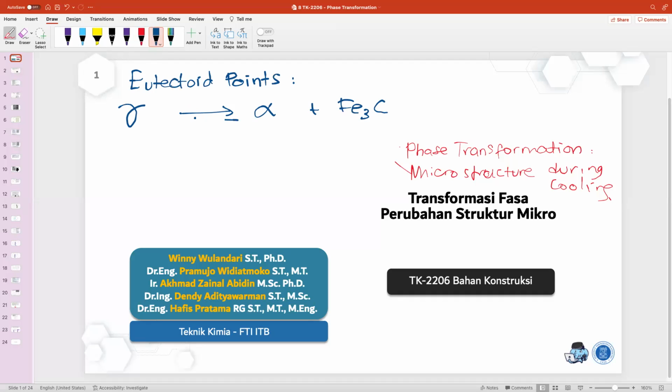And when we heat it up, it becomes austenite again. It becomes ferrite and cementite, and this structure together is called eutectoid structure. If you remember, all of it is called perlite.